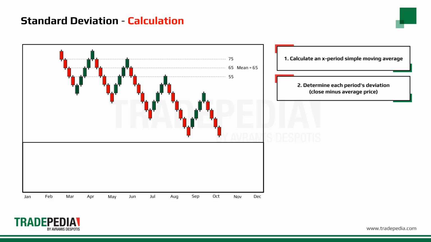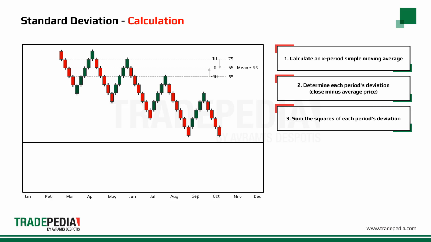The second step is to determine each period's deviation from this average. Our first close is 75 minus the average of 65 results in 10. 65 minus 65 is 0, and our third point, 55 minus 65, results in negative 10.